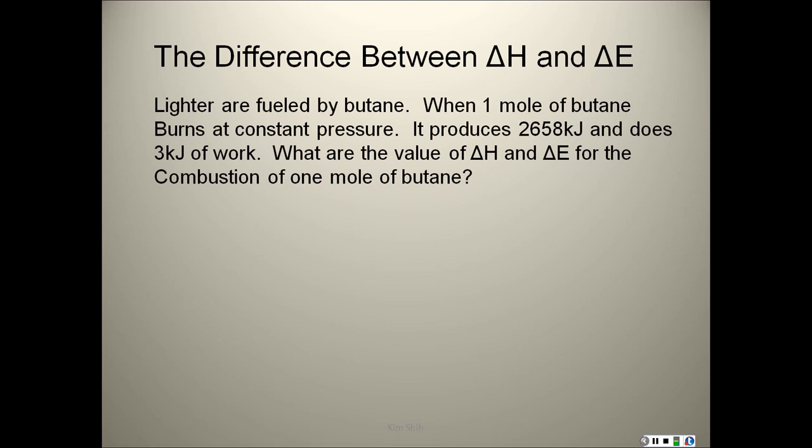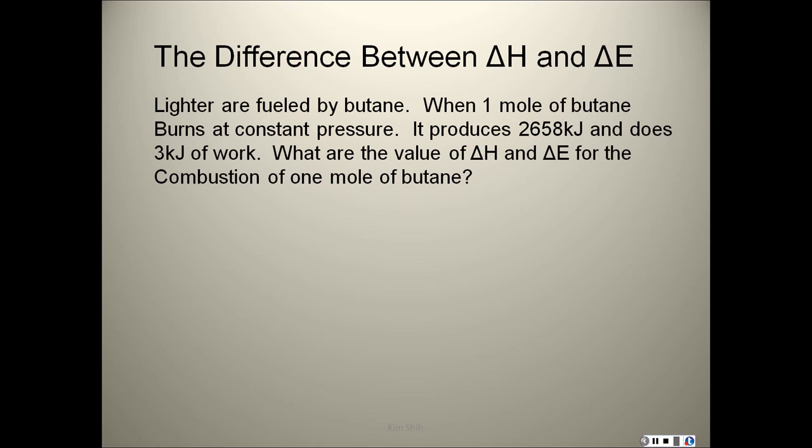So again, the only real difference between delta H and delta E, big picture, is that delta E takes into account the heat and work of all energy between the system and the surroundings, where delta H is only looking at the heat exchange under constant pressure. So what this says here: lighters are fueled by butane.